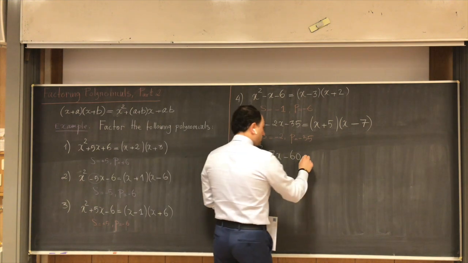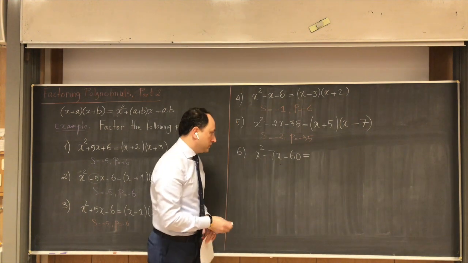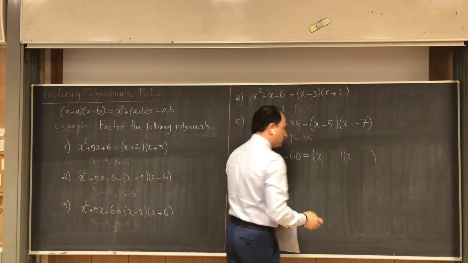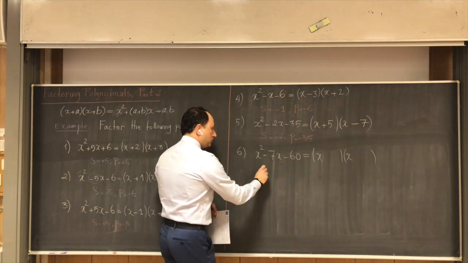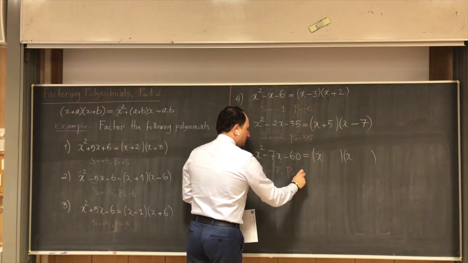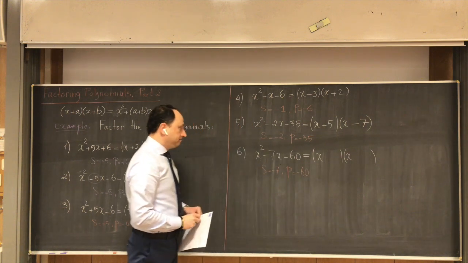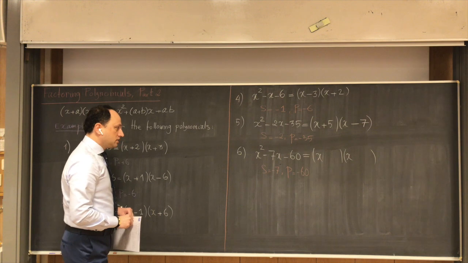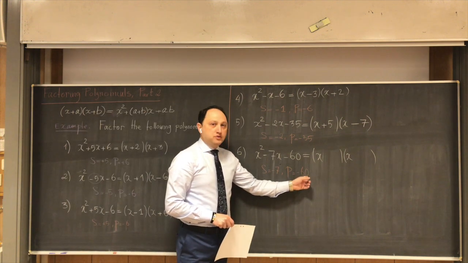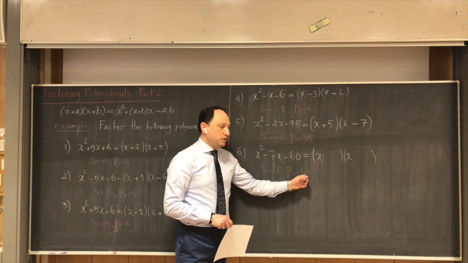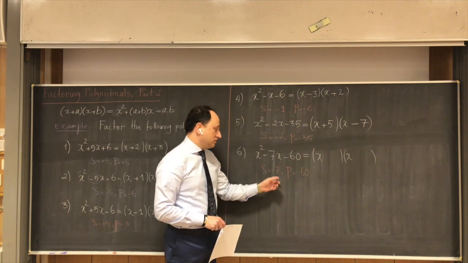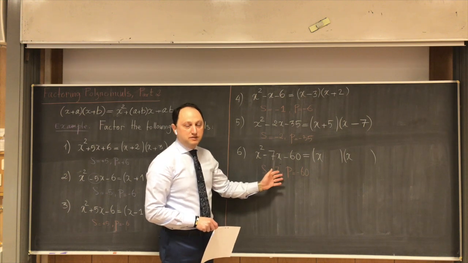But let us improve our skills in guessing those numbers. So here, I put x here, and I put x there, and then I need two numbers whose sum is negative 7, and the product is negative 60. Okay, so probably it's a good point to start from here. So if you want to write 60 as a product, you might write 1 times 60. There is no relation with the negative 7.